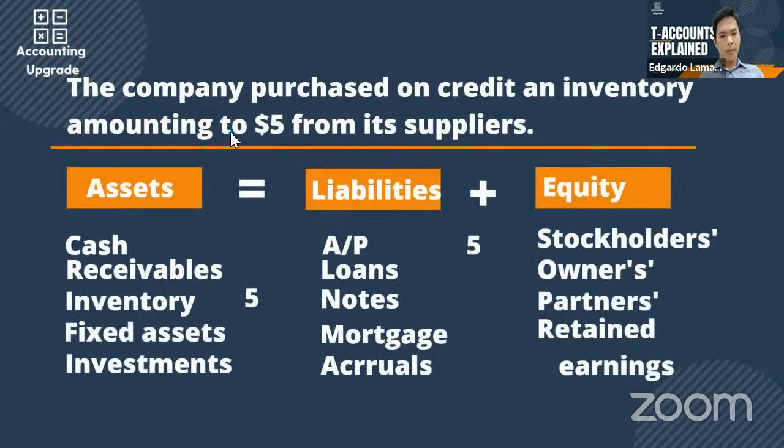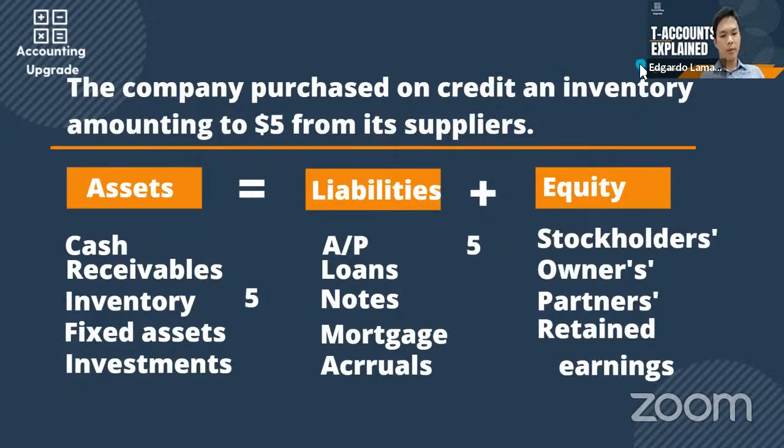The next example is: the company purchased on credit an inventory amounting to $5 from its suppliers. Let's identify again the affected elements of financial position. What did the company purchase? Inventory.